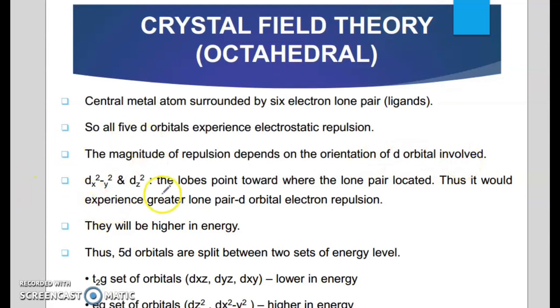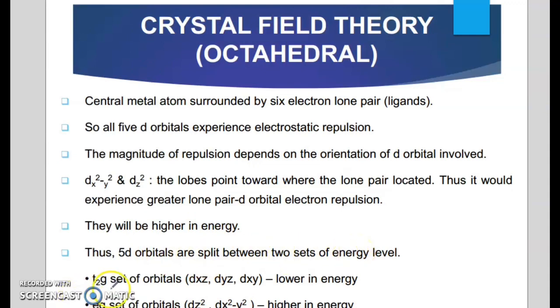So this orbital, the lobes point toward where the lone pair located, thus it will experience greater lone pair d orbital electron repulsion. They will be higher in energy, thus 5 d orbitals are split between 2 sets of energy level.